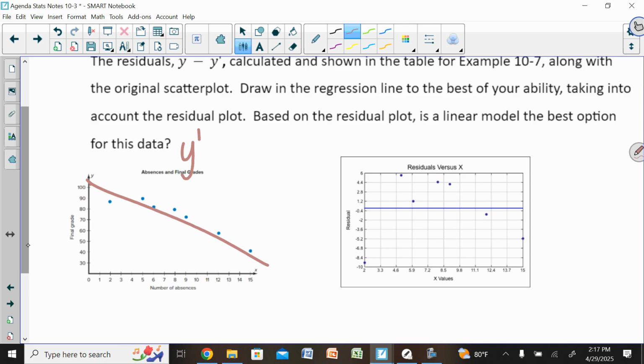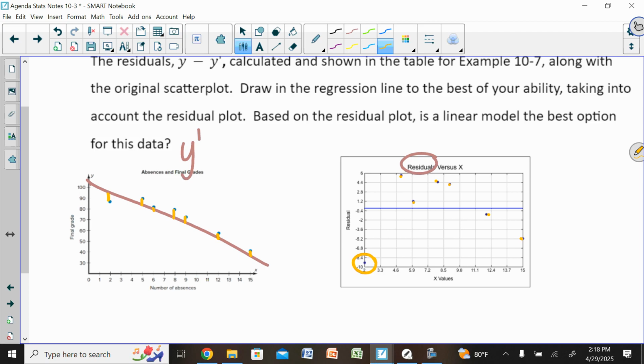And then this plot over here is our residual plot. So this is taking every one of our data points and showing the distance from our actual to our predicted. So I've got this point down here has a pretty big residual, somewhere around -9. I've got these guys up here, and then I've got those over there on the side.